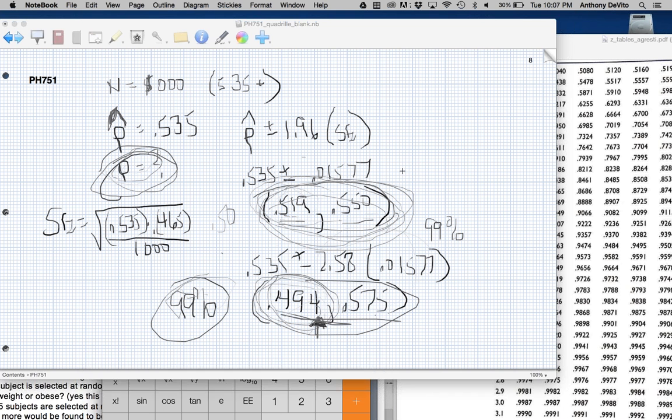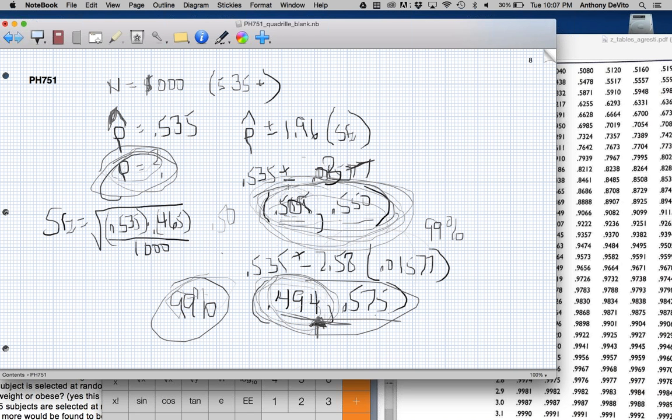And that would be 0.505 and 0.565, right? That's what we really should have gotten, because you let me get away with that. It should have been 1.96 times our standard error. I forgot to multiply that out.